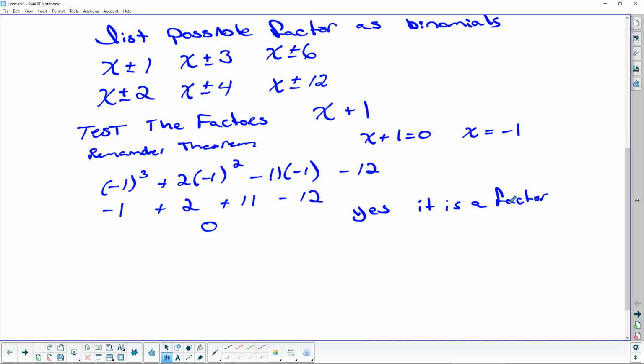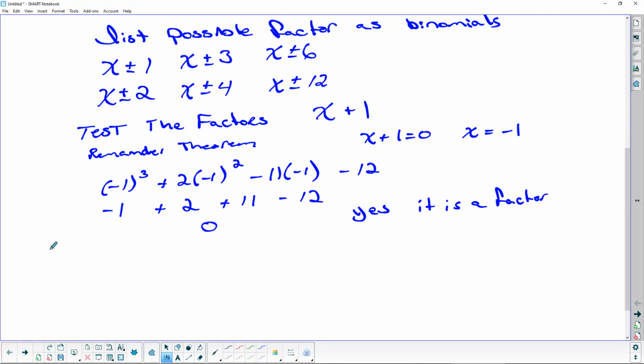Okay, so that's a factor. Now that we know it's a factor, we then divide it out. We can use long division or synthetic division. Most people choose synthetic division to divide out their factor because it's quicker.